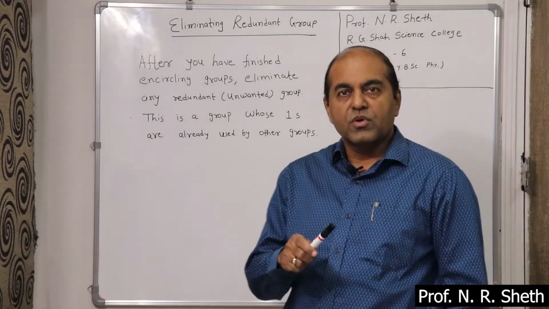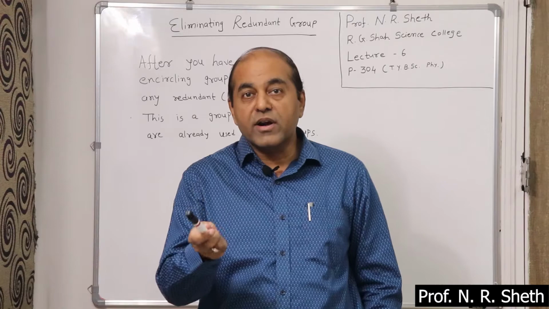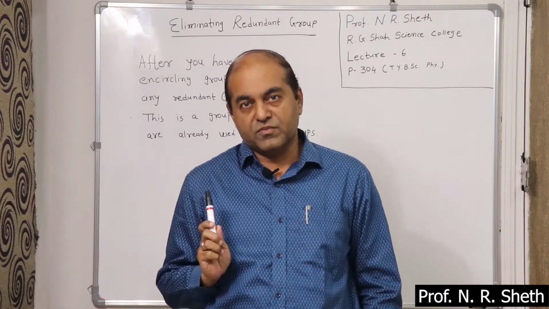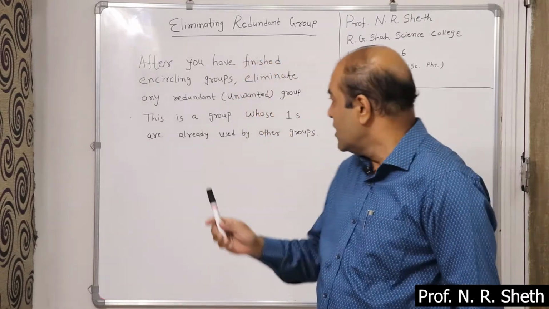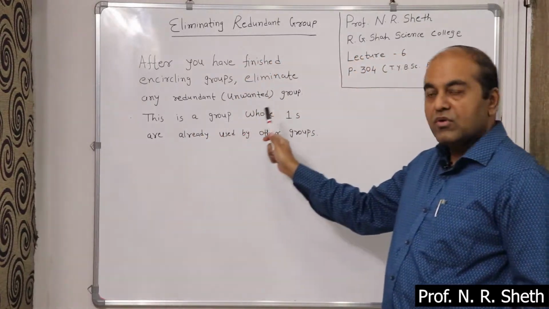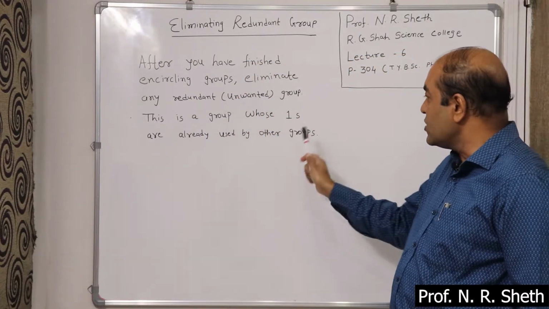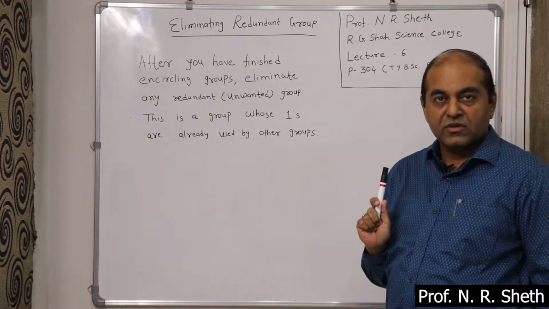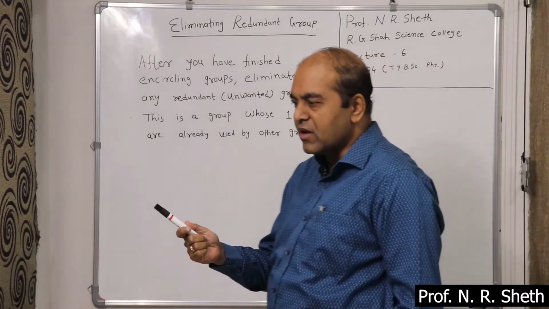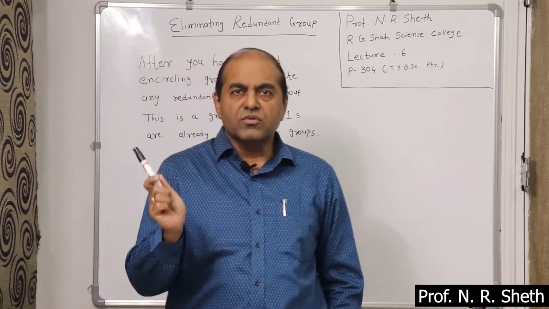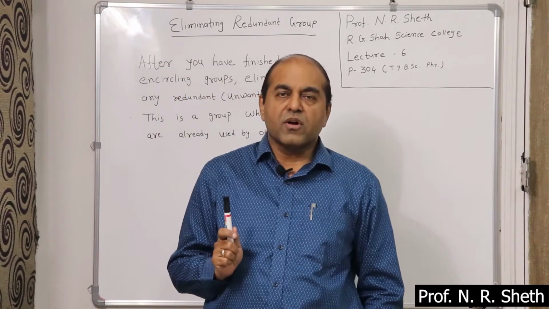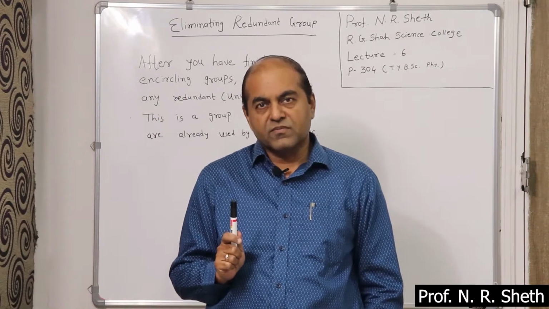A group whose ones are already used by other groups. Little bit confusing. Again, it is a group whose ones are already used by other groups. These groups are said to be unwanted groups or redundant groups, that you have to remove from your Boolean equation.